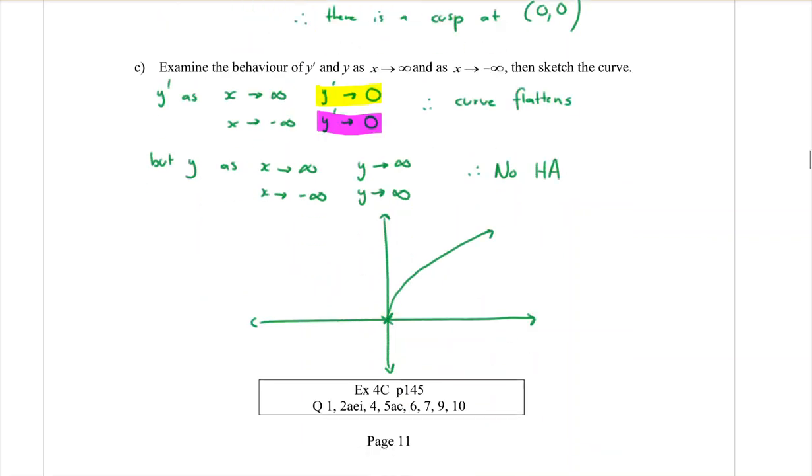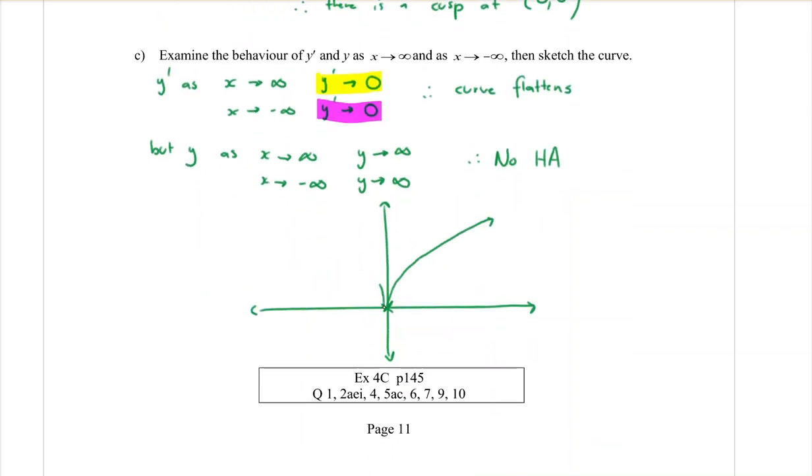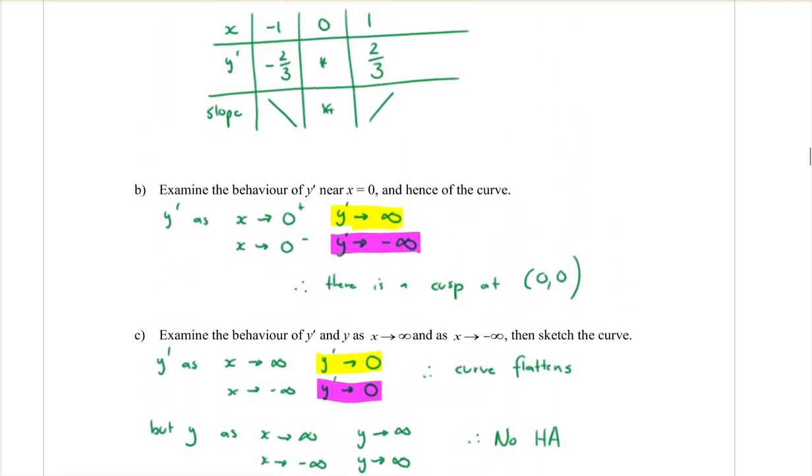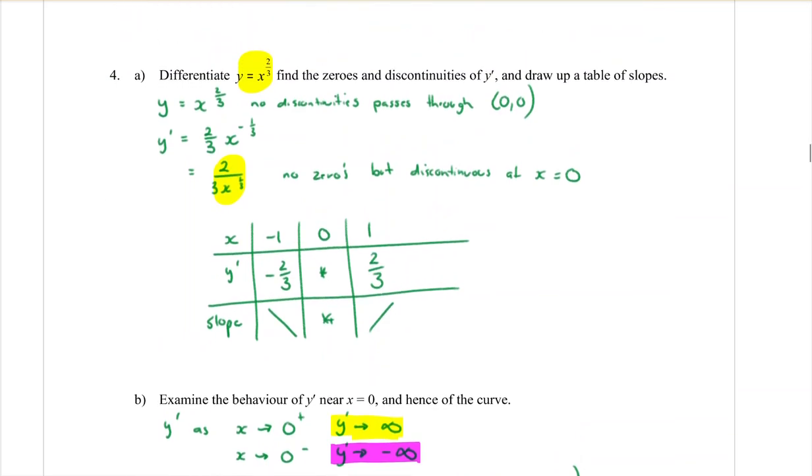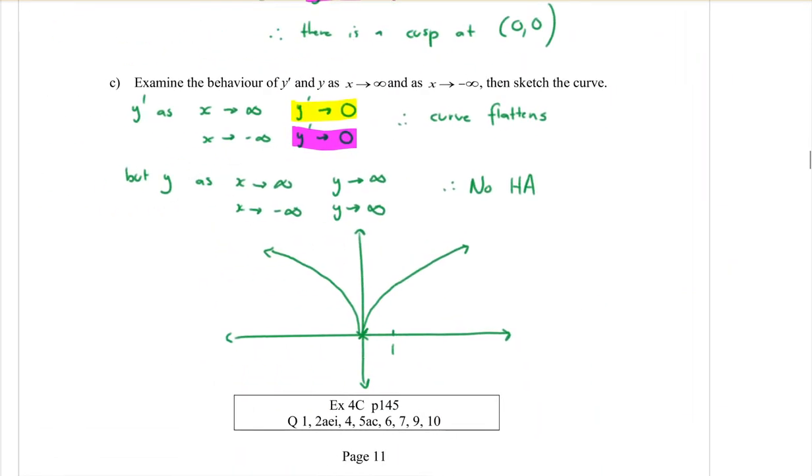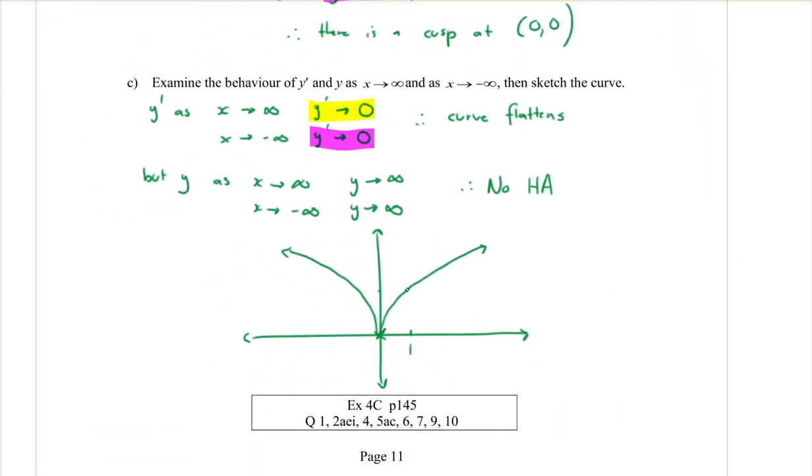So it is also going to come up very, very steeply, but negatively, and flattening out, going in that direction. And that's what my graph looks like. We could put an extra point on there. I could sub in x is equal to 1, and if I put that into my original equation, 1 to the power of 2/3 is equal to 1. So I would get a point on there like that. All right, that's it.